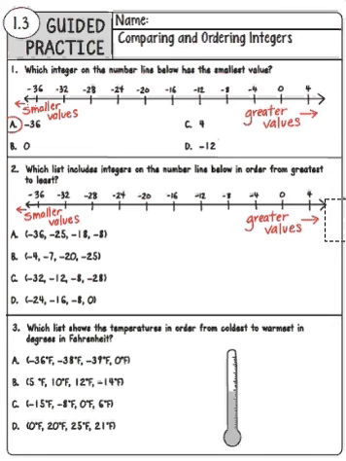So it looks like B. Because, if you'll notice, it's the one showing from the largest number to the smallest number, or greatest to least.